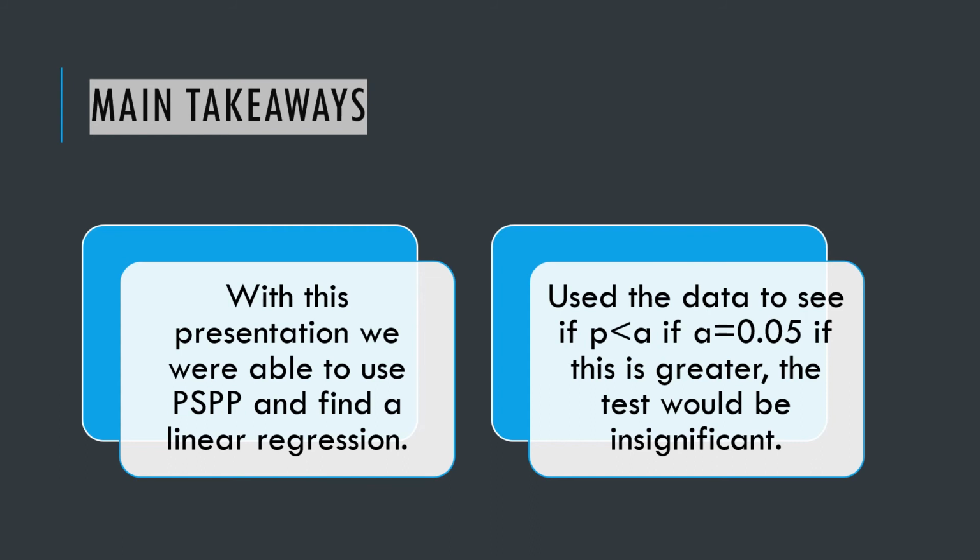If it was more than the alpha, the test would be insignificant, and if it was less, then we'd look at our confidence interval and make sure that it didn't include 0, so we could have a significant correlation between the data. We also looked at videos that I thought were important in this course, and how they helped me out.